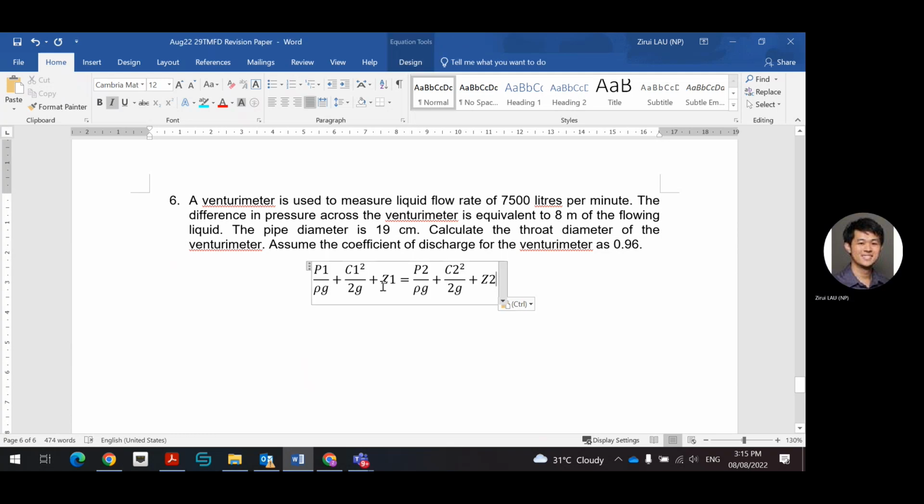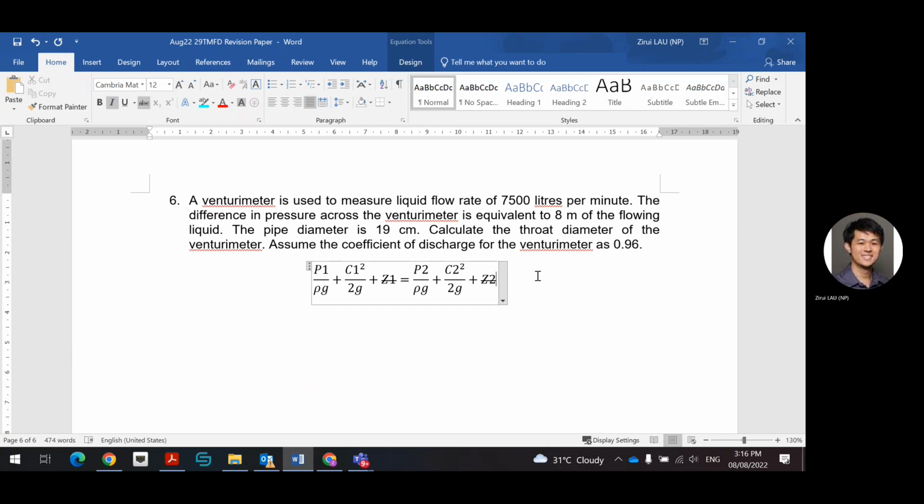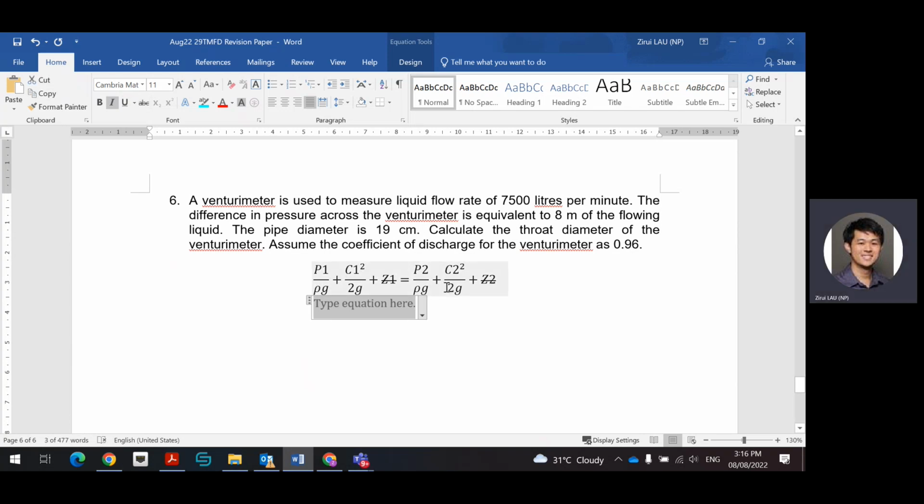So maybe I'll just derive it, for the sake of revision. We assume that this is a horizontal Venturi, so there's no height difference. And we are interested in our velocity.